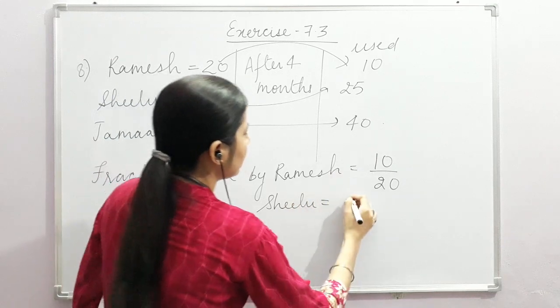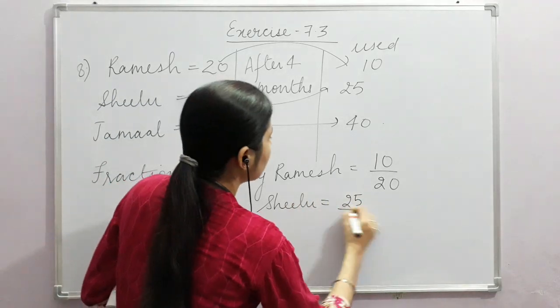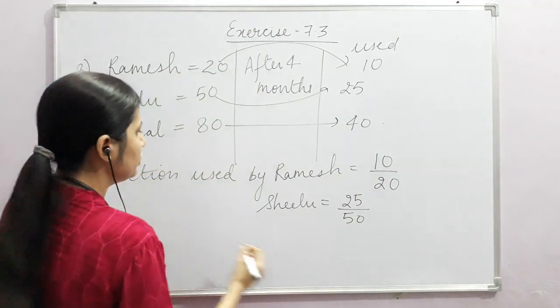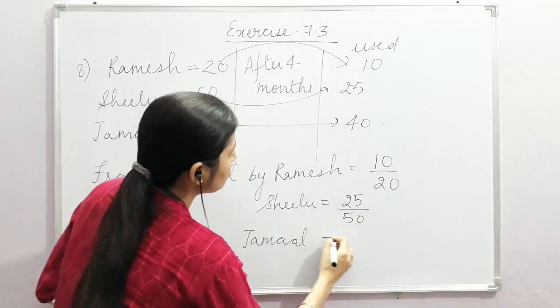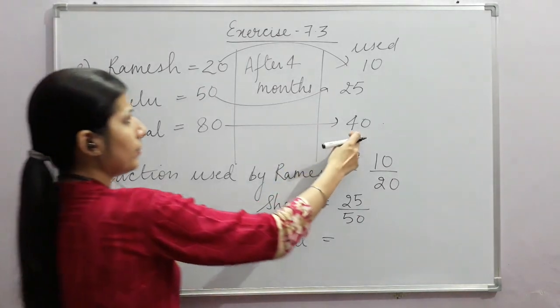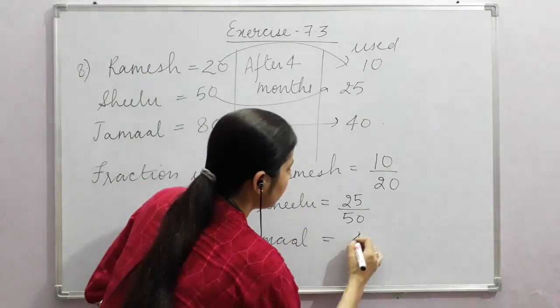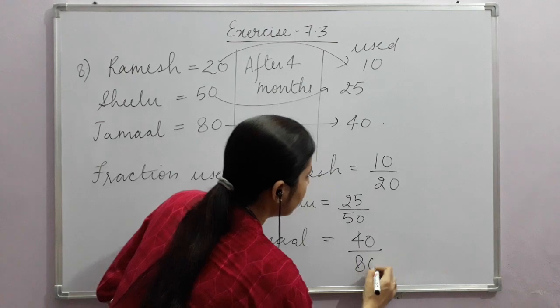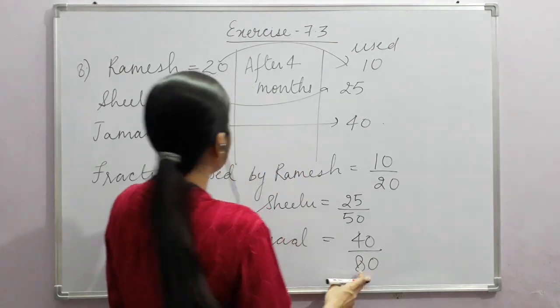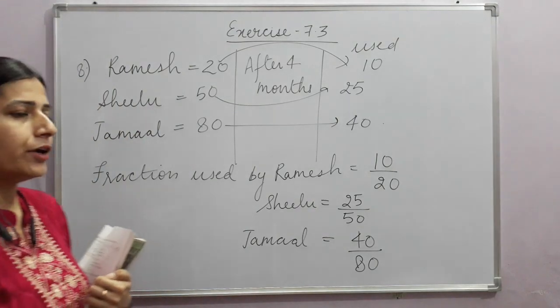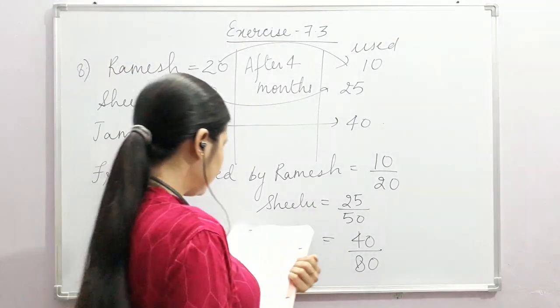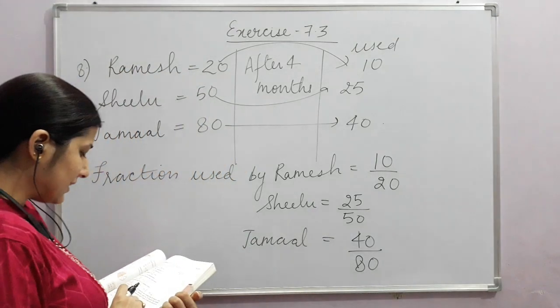Sheelu has used 25 out of 50. And Jamal has used 40 pencils out of 80. So we can write 40 upon 80. We will be writing the total quantity in the denominator. We always write the total quantity in the denominator, as I have already told you when we started the chapter.